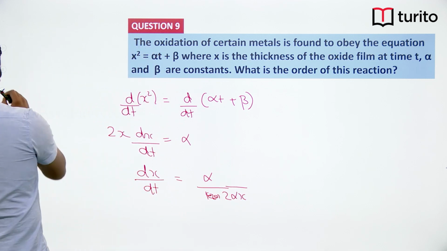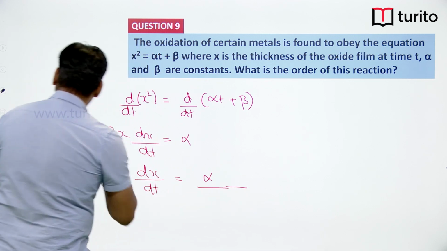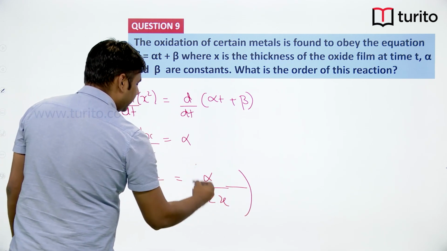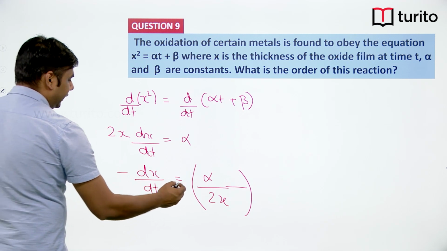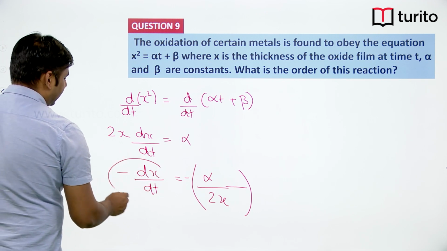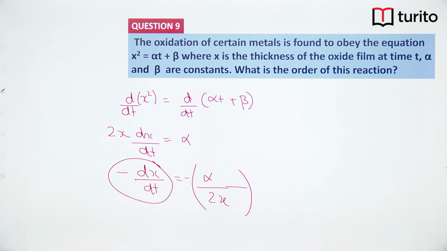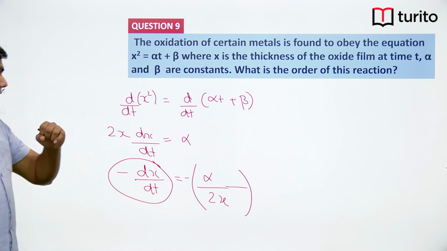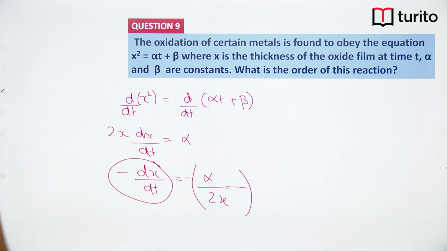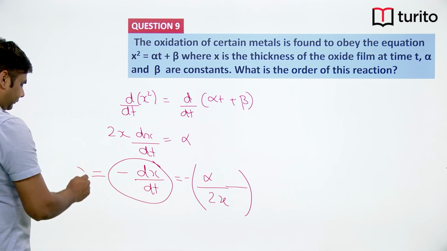Sorry, what am I writing over here. So this is basically alpha upon 2x. If you write minus dx by dt, it will be minus alpha upon 2x. Here dx by dt would be your rate of formation of that thin film oxide, so this represents rate.